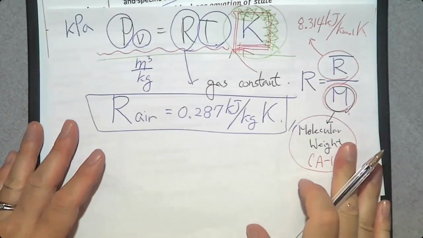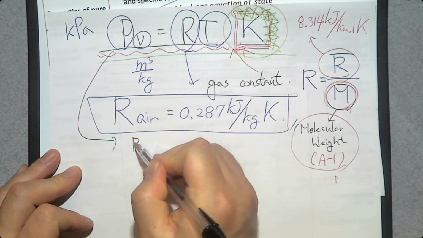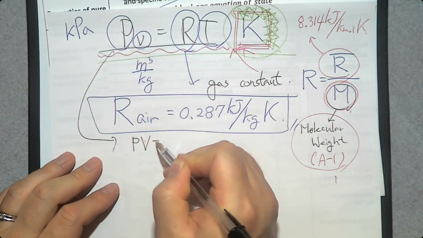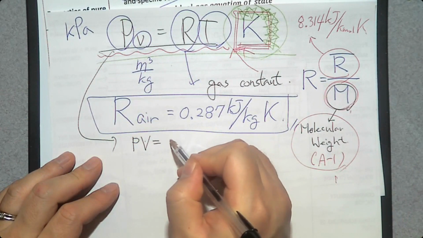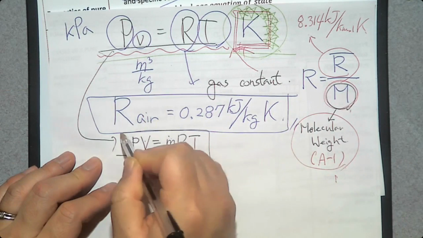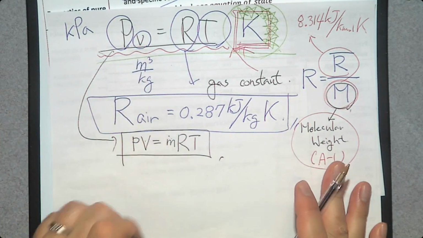Some people like to use, instead of Pv = RT, where lowercase v is specific volume, capital V, which is actual volume. PV is mRT. Exactly the same, because lowercase v is capital V divided by mass.